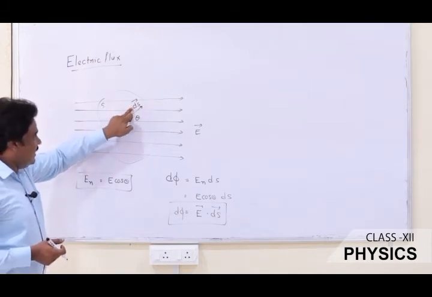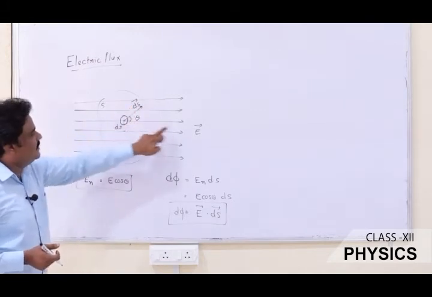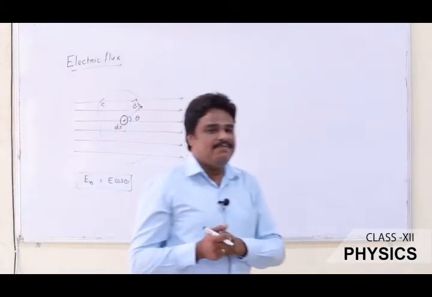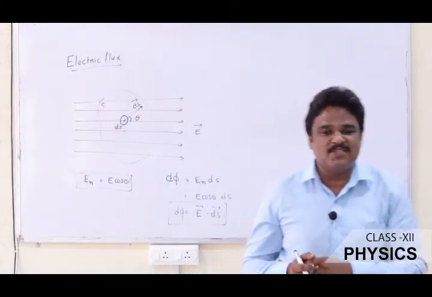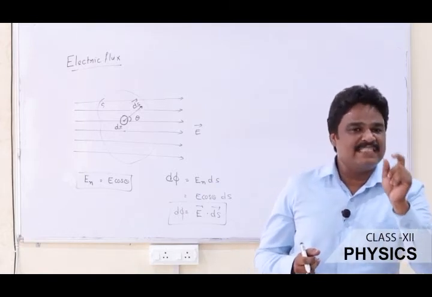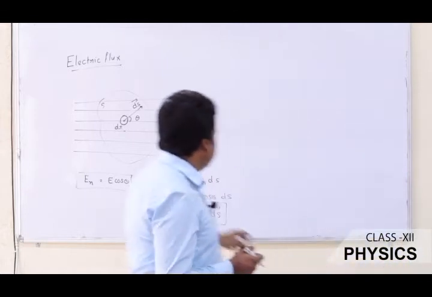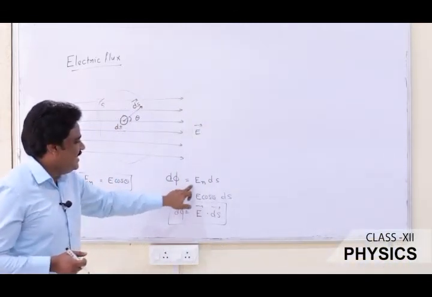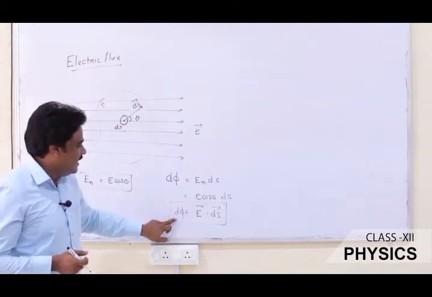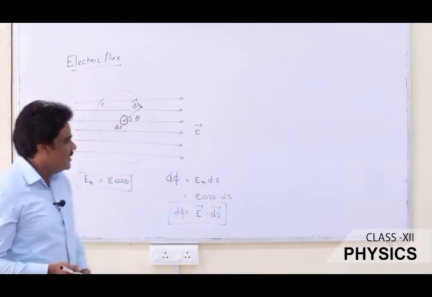Let that area vector make an angle theta with the electric field. So obviously, the component of electric field responsible for flux is E cos theta. Now I get the small flux linked with the small elemental area, that is, d phi is equal to En into ds. En is E cos theta, so d phi is equal to E vector dot ds vector.